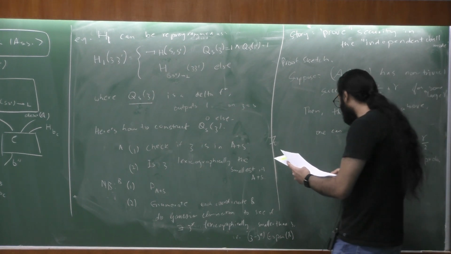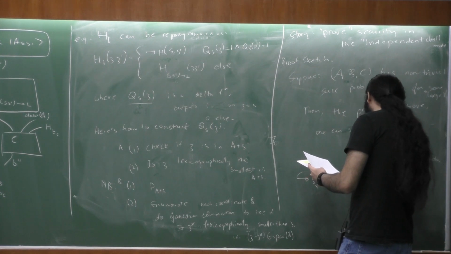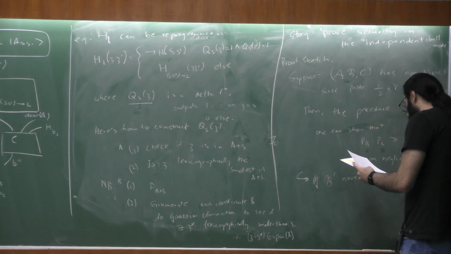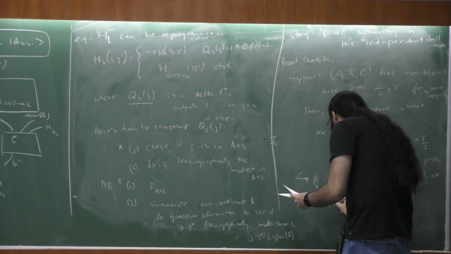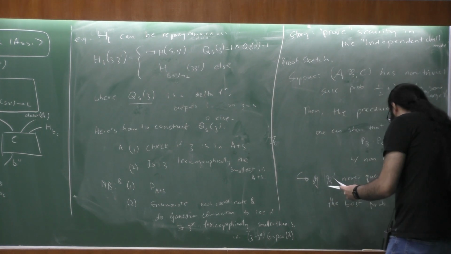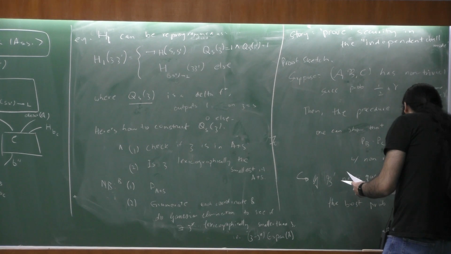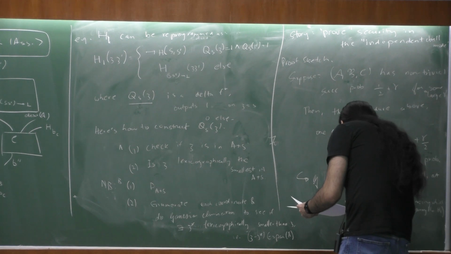In the unentangled setting, if B prime never queries H0 or H1 at SS prime, the best probability of guessing which among H0, H1 was given is at most half.